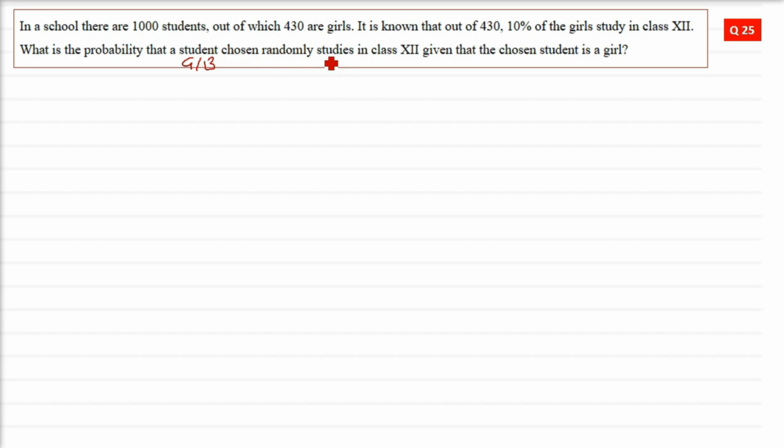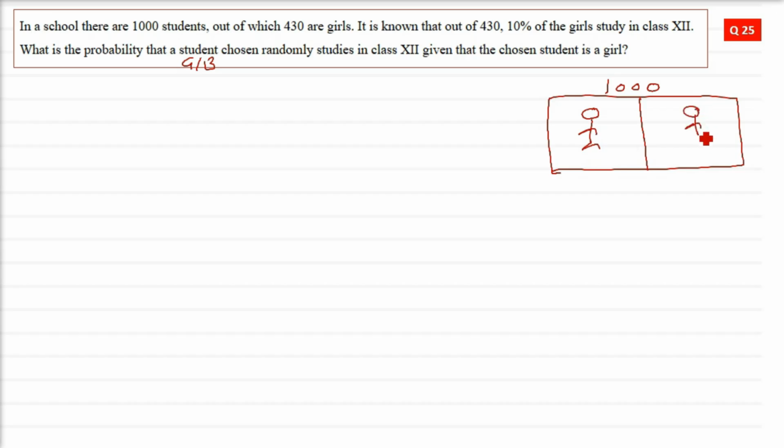So what is the probability that the student chosen randomly studies in class 12 given that the chosen student is a girl? Before we go ahead, let's understand diagrammatically what the scenario in front of us is. In a school, there are 1000 students in all. In these 1000 students, there are boys and girls.